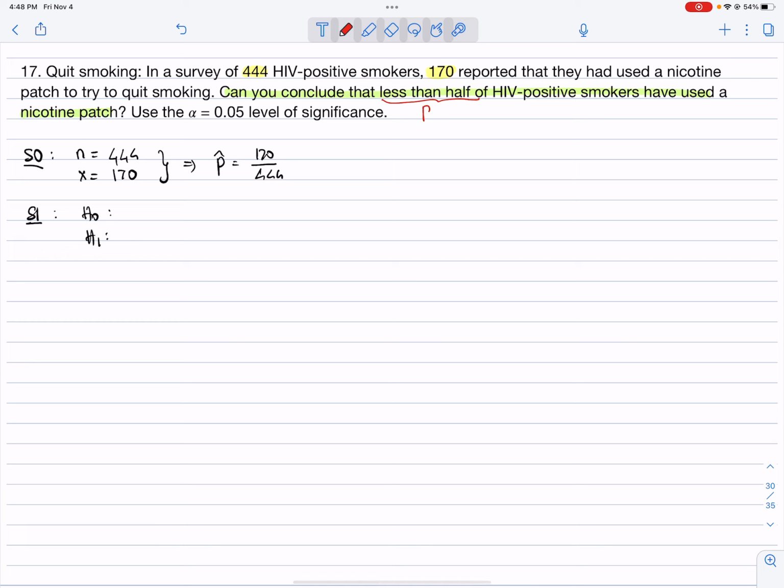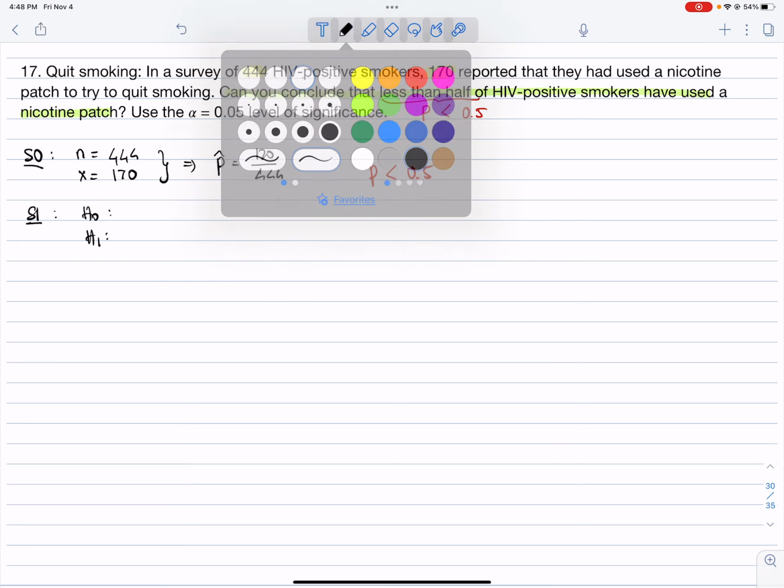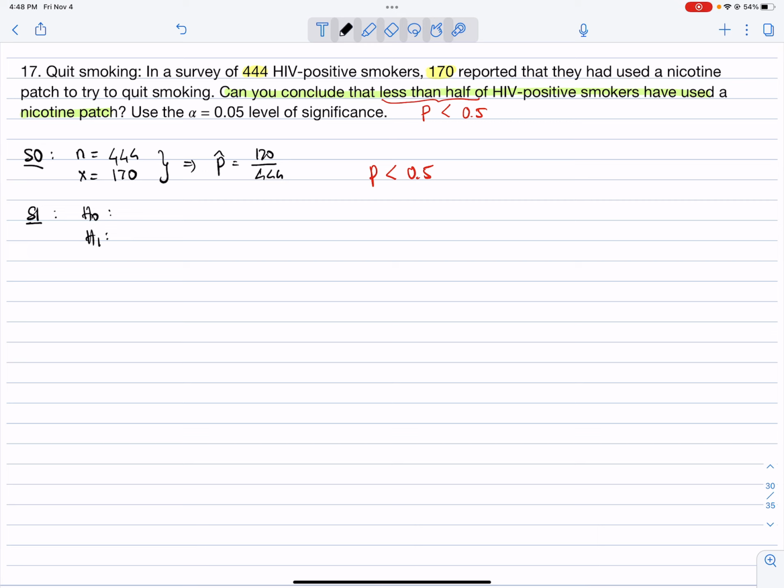So we use the population proportion, which is P, and less than half, so P less than 0.5 is the claim.